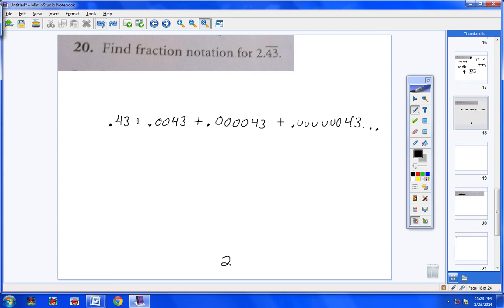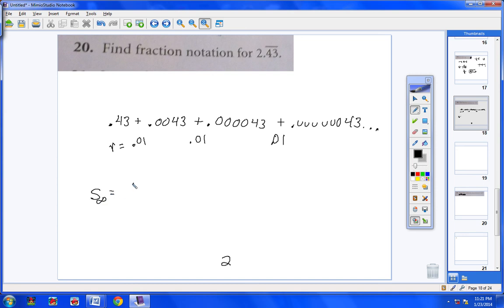And check and see if you don't believe me. You're multiplying 0.01 over and over. And so we have a geometric sequence, and it's infinite. And look at our common ratio. It's in between 1 and -1, correct? Sure it is.